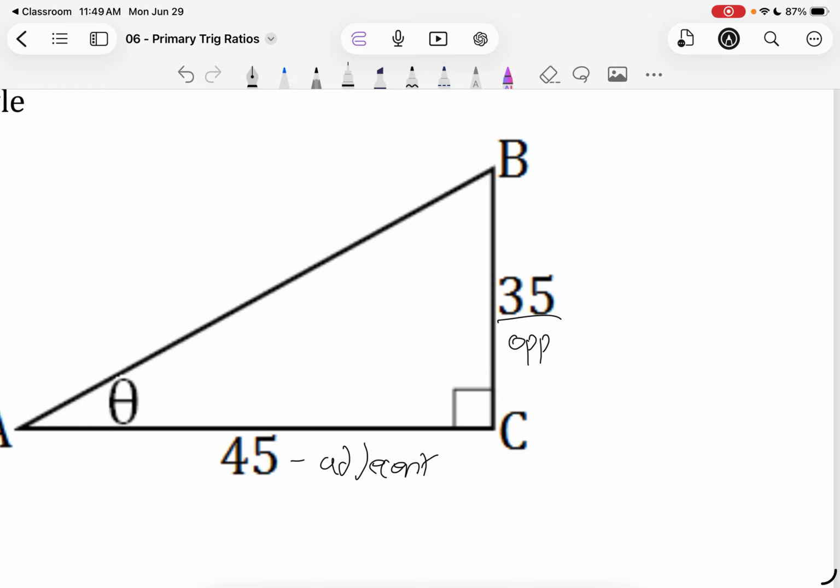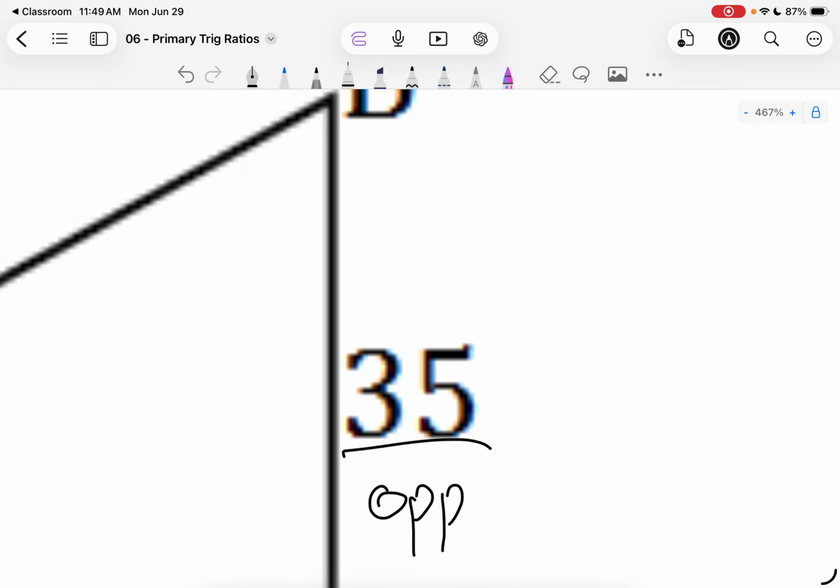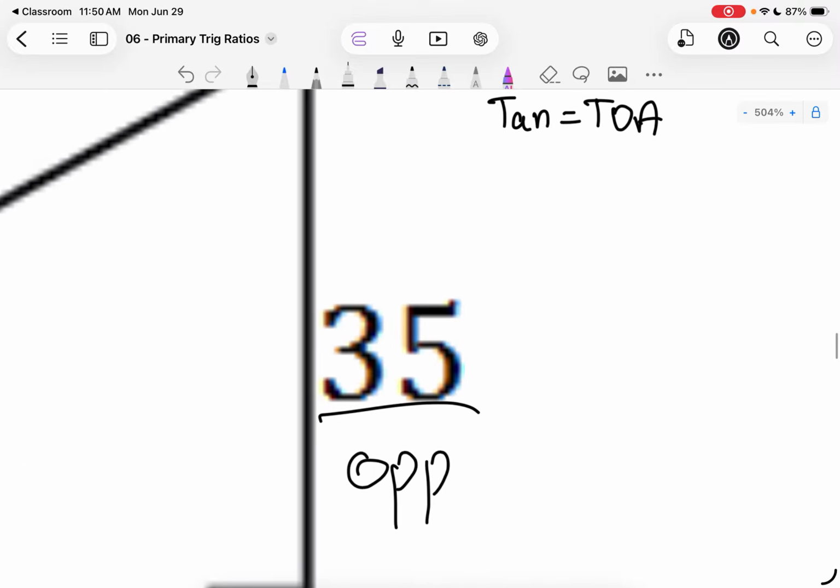So we will use tan, opposite over adjacent. So now we have tan theta equals 35 over 45.